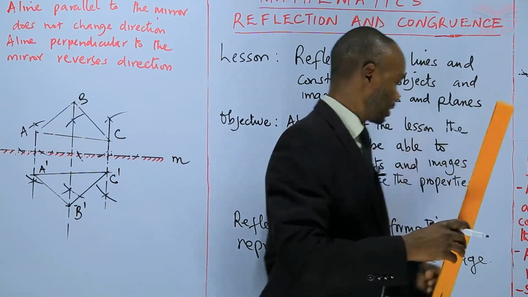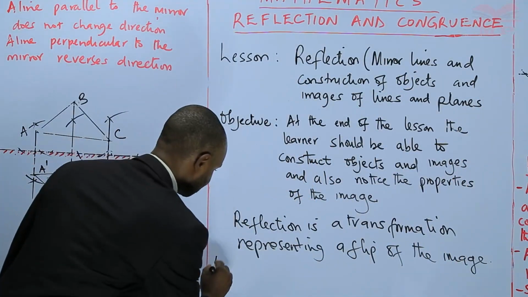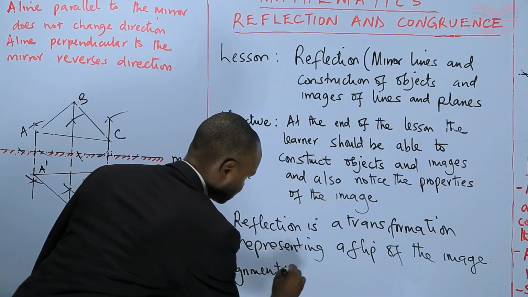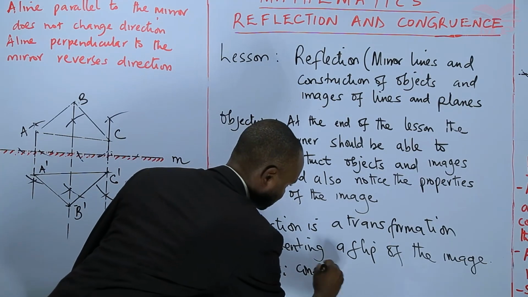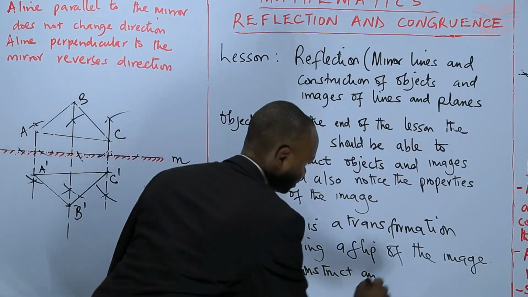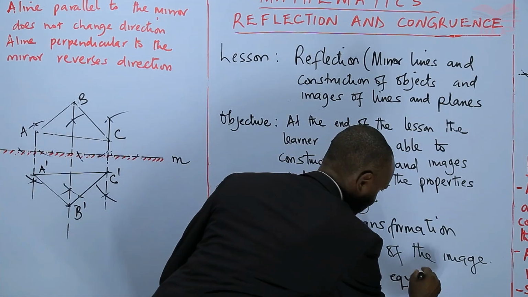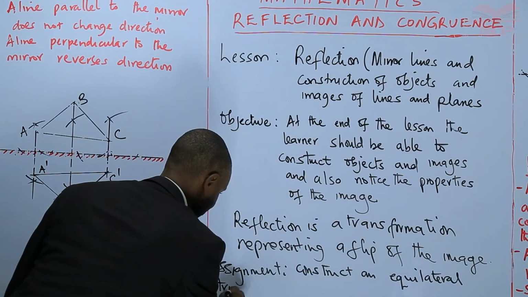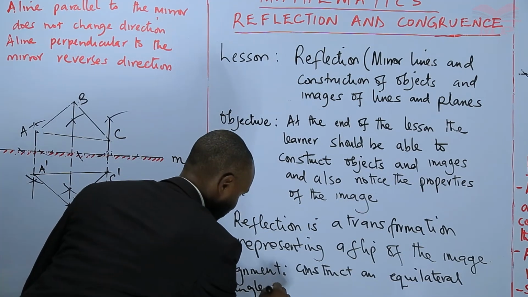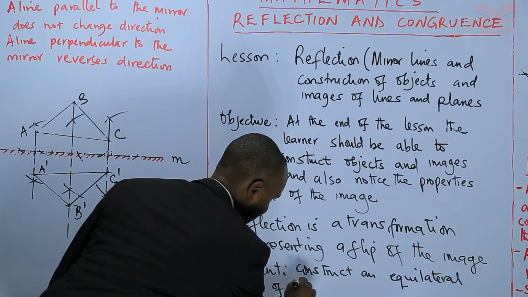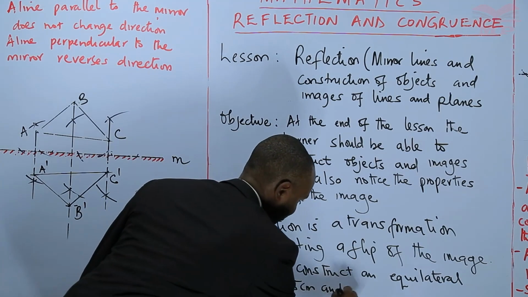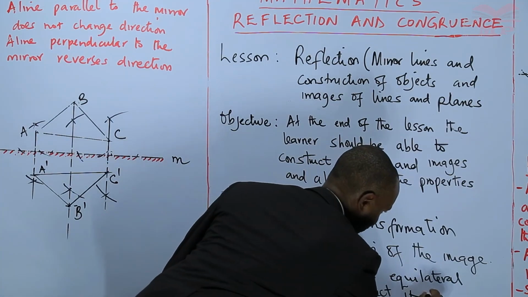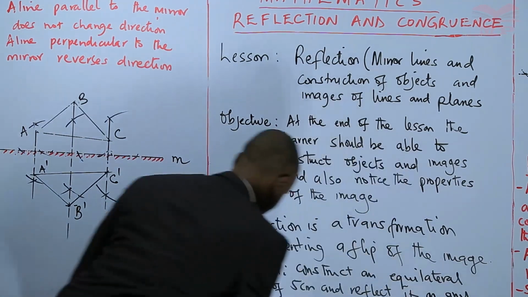That's why for the assignment, construct an equilateral triangle of 5 centimeters and reflect it on any line of your choice.